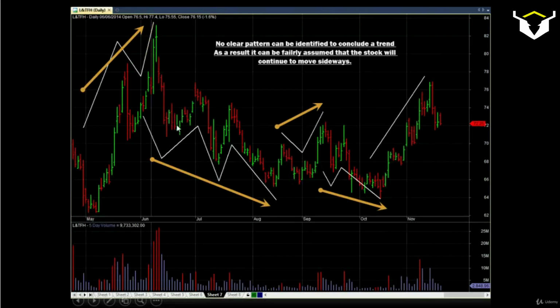Then it came down, found support at its previous low, went up but failed to make a new high. Rather, it came down and made a new low. Here, it suggested that this stock might be in a downtrend. Went up, failed to take out its previous high, came down, took out its low, thus confirming that this stock is in a downtrend.